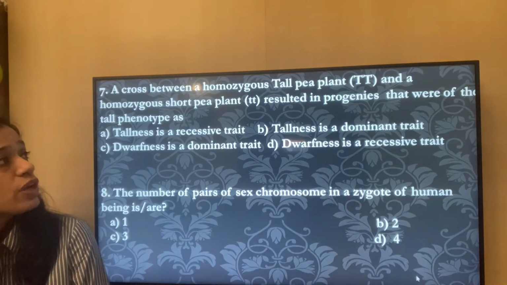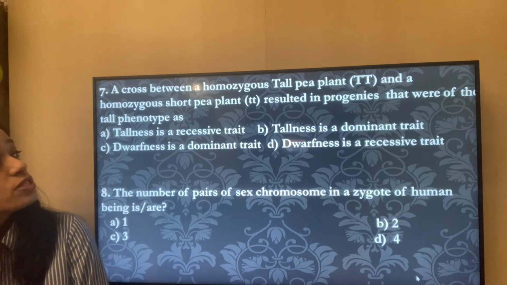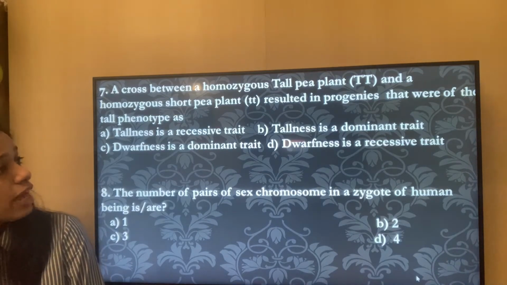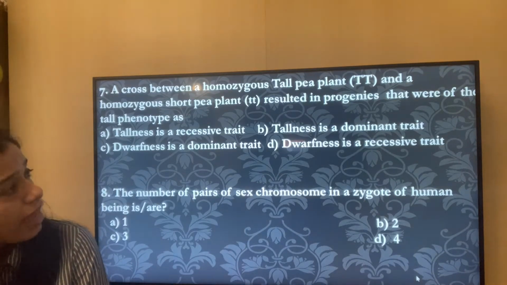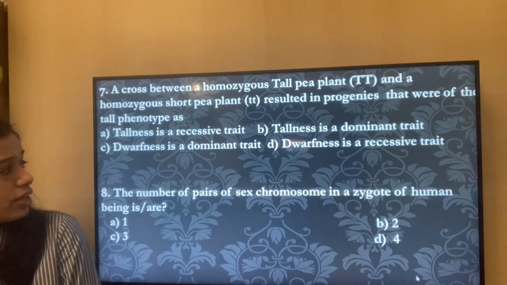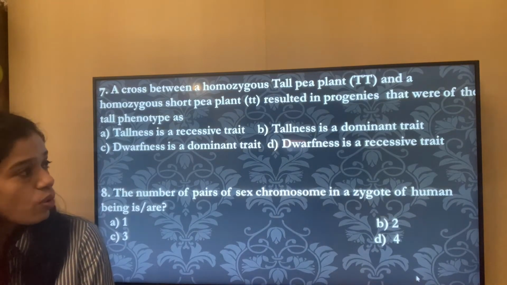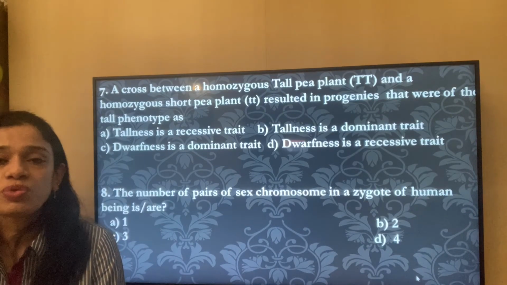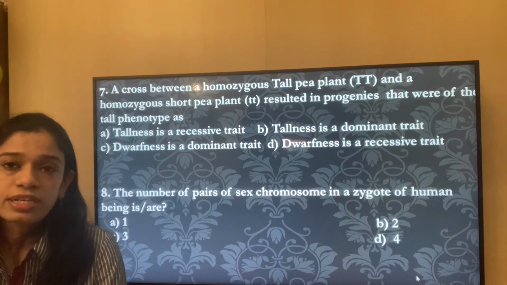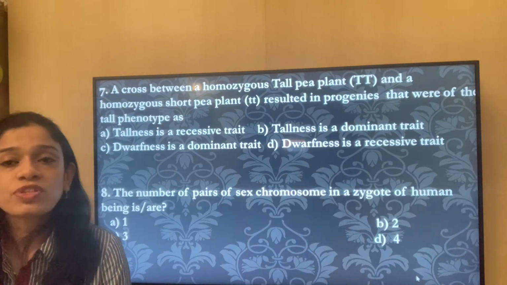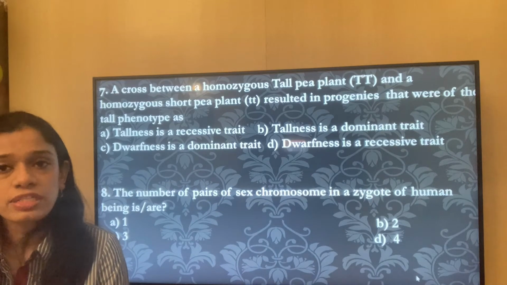A cross between a homozygous tall pea plant, capital T, and a homozygous short pea plant, small t, resulted in progeny that were of the tall phenotype, as: tallness is a recessive trait, tallness is a dominant trait, dwarfness is a dominant trait, or dwarfness is a recessive trait. A cross was done between two plants, one pure tall, capital T, and another pure dwarf, small t.